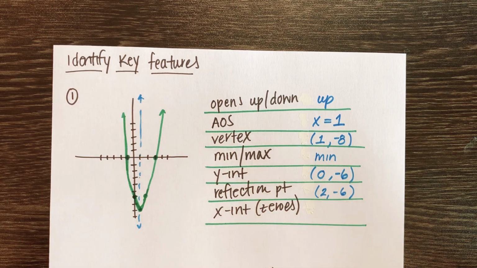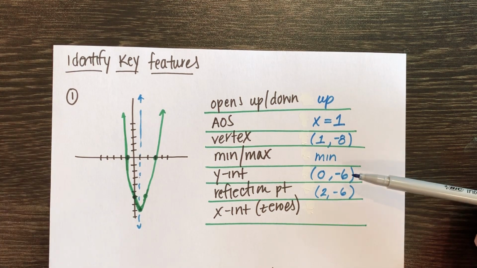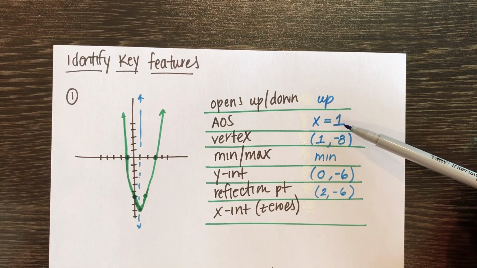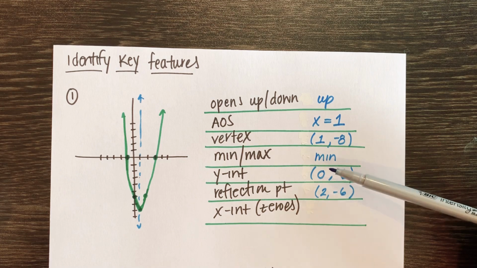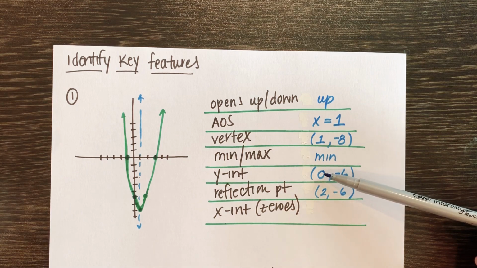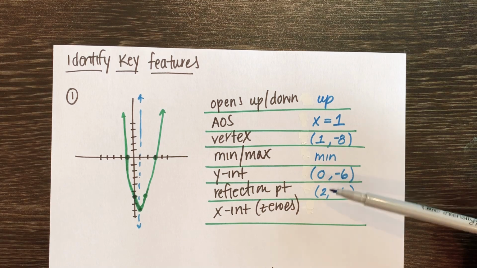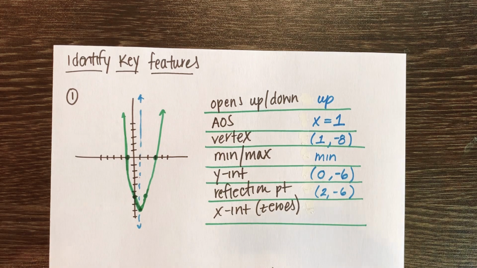And you can start to see some relationships, although it's not super necessary, between your reflection point, your y-intercept, and your axis of symmetry. That axis of symmetry value of x is directly in between your y-intercept x value and your reflection point x value. Makes sense. These are mirror images of each other. They should be equally distanced from that axis of symmetry.